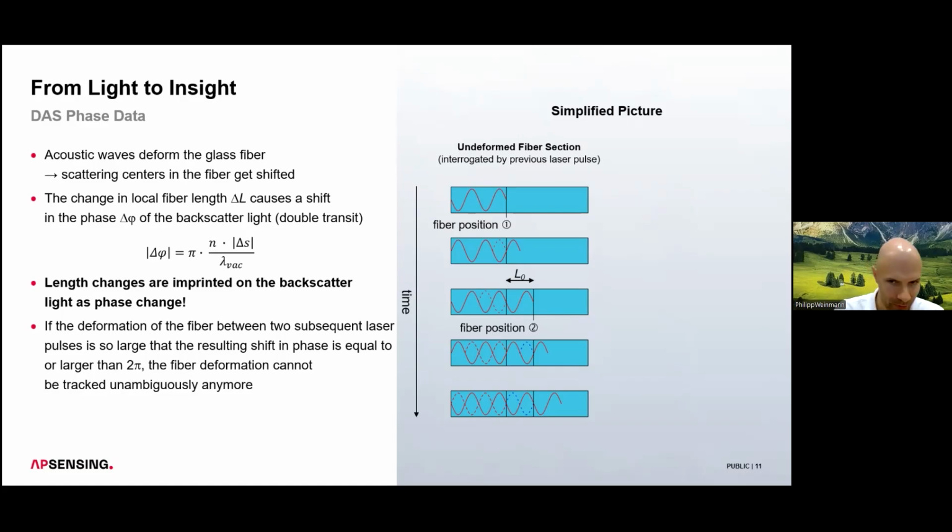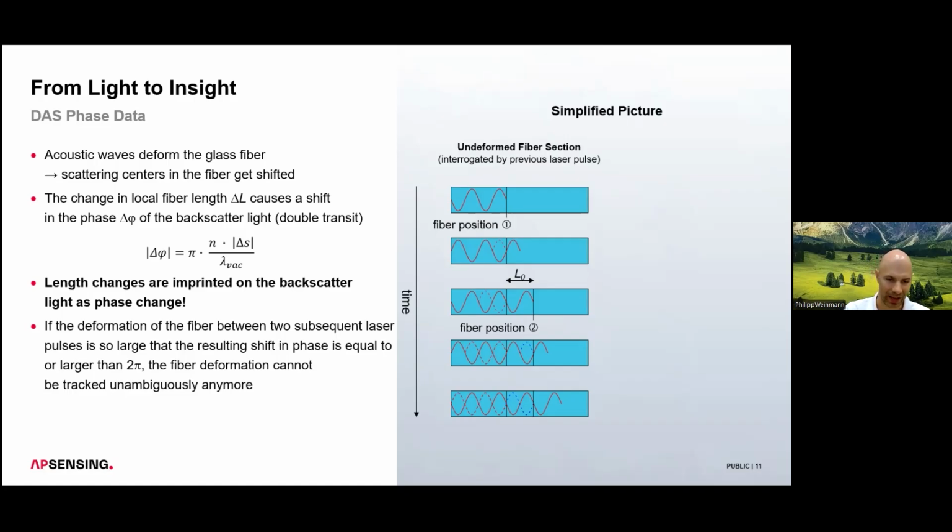Okay, so what have we observed right now? We have observed the undeformed fiber, how a laser pulse moves through the fiber section, how backscatter light is being generated. So basically how the laser pulse interrogates the fiber section.